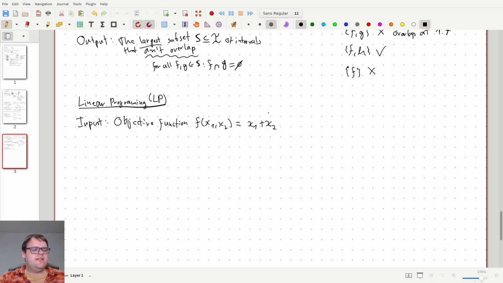But that's not quite powerful enough. We want these variables to have some constraints on them, right? So what are these constraints going to be? For example, constraints could be minus 2 x1 plus 8 x2 is bigger than 50, 5 x1 plus 2 x2 is going to be at least 100, and x1, x2 is going to be at least 0.